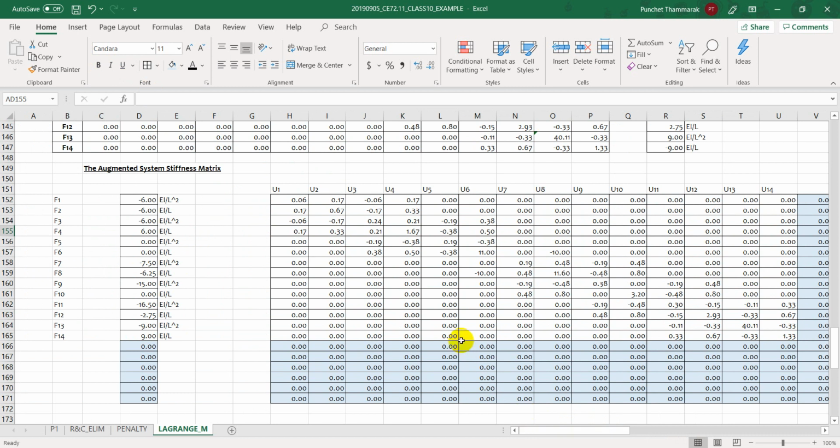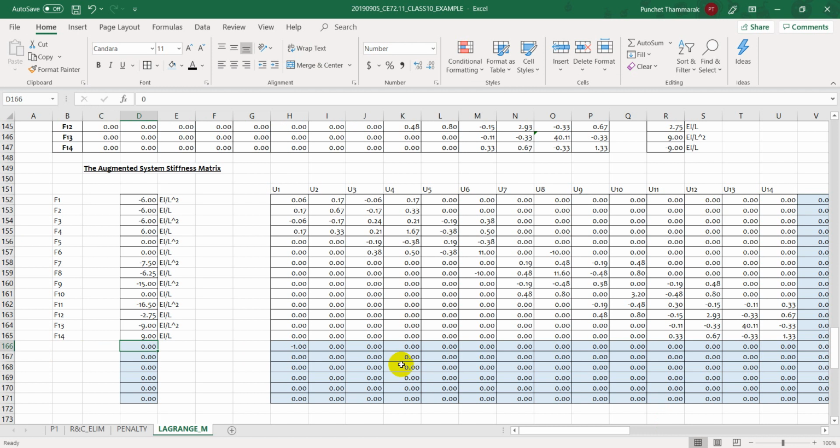Okay, so first of all, we have the additional equation that enforces U1 equals 0, or minus U1 equals 0. It works exactly the same way. Minus U1 equals minus 0 on the other side.